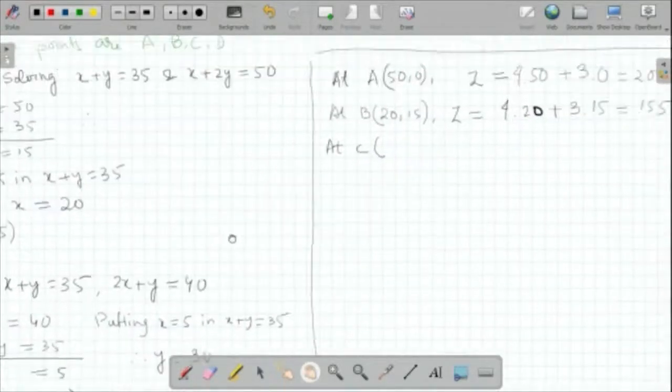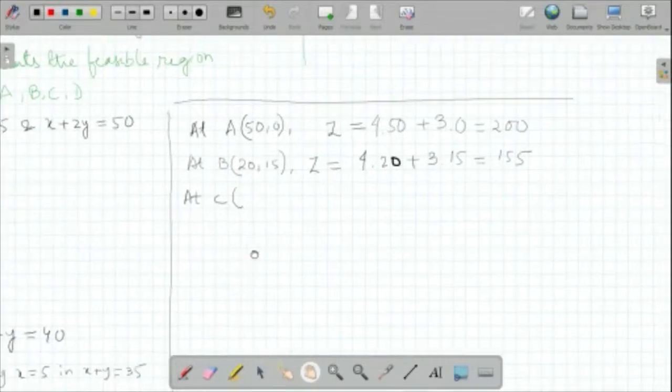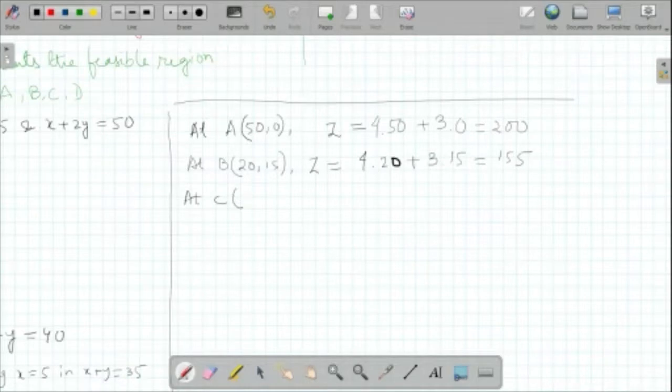C is (5, 30), right? So 4 times 5 plus 3 times 30, which is how much? We will get 110.